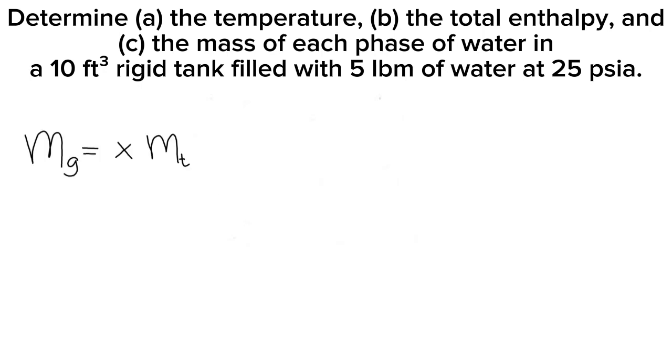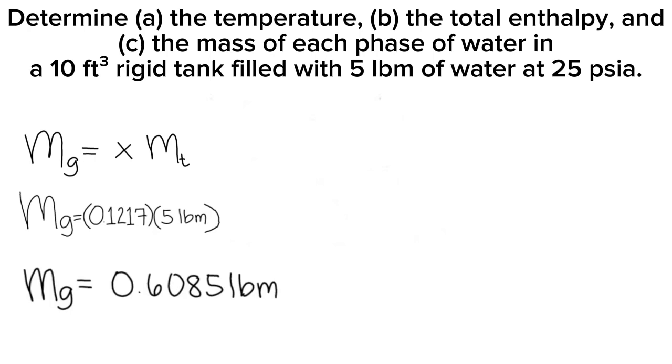We are going to solve the mass of vapor first, and the formula for the mass of vapor is equal to the quality X, and our quality X is 0.1217, multiplied by the total mass, which is 5 pound mass, and our mass of vapor is equal to 0.6085 pound mass.